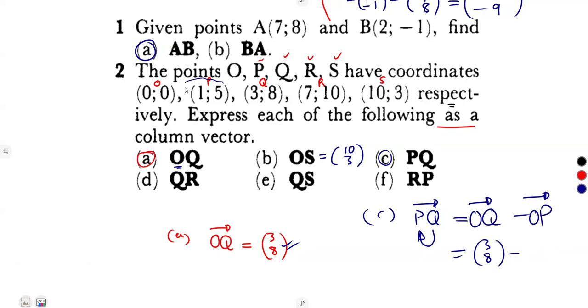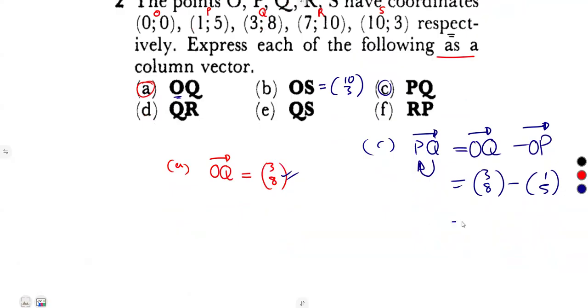P from the origin, we just write as it is as a column. So that's 1, 5. Subtract: 3 minus 1, that is a 2. 8 minus 5, that is a 3. So this is our vector PQ. Just like that.